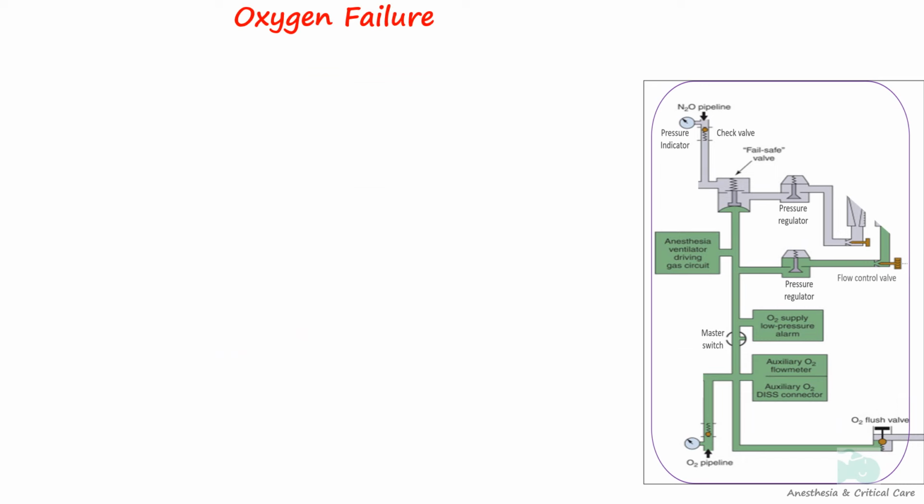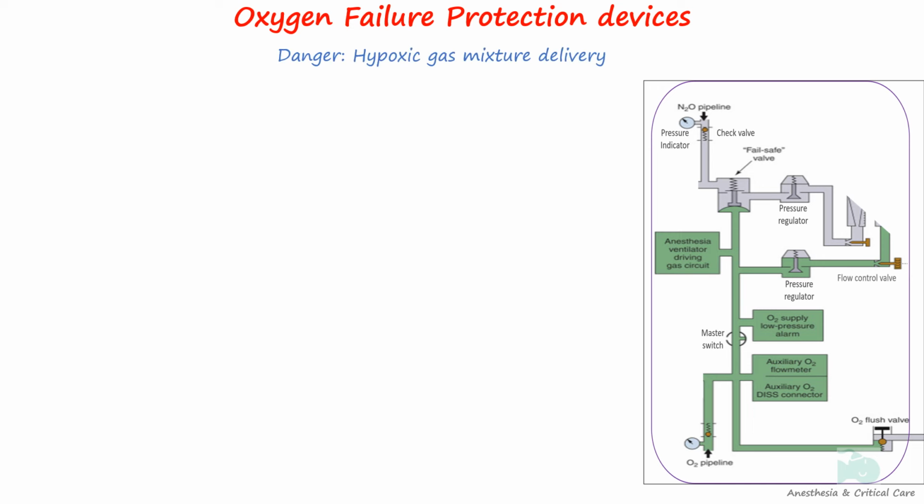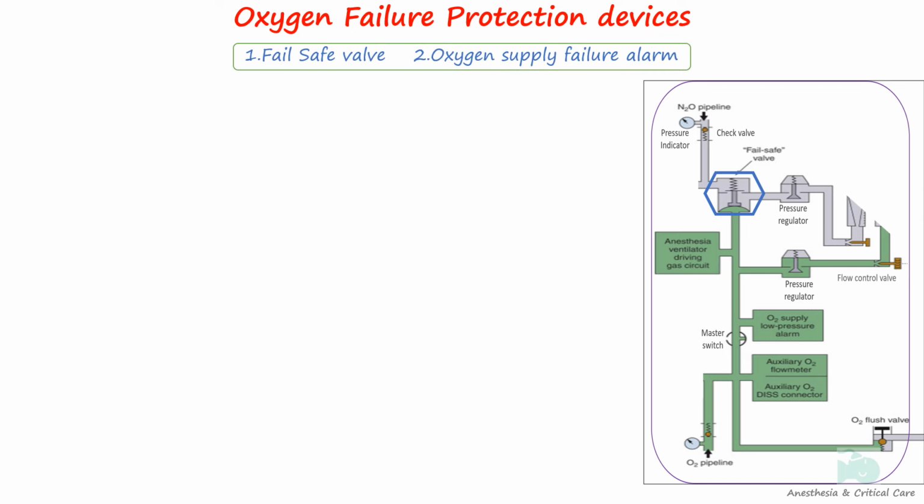One of the serious mishaps that occurred with the early anesthesia machine was the depletion of oxygen supply that resulted in the administration of 100% anesthetic gas, leading to hypoxemia. An oxygen failure safety device and oxygen supply failure alarm are installations on anesthesia machines to make sure that the patient does not receive hypoxic gas in an event when the oxygen pressure reduces.